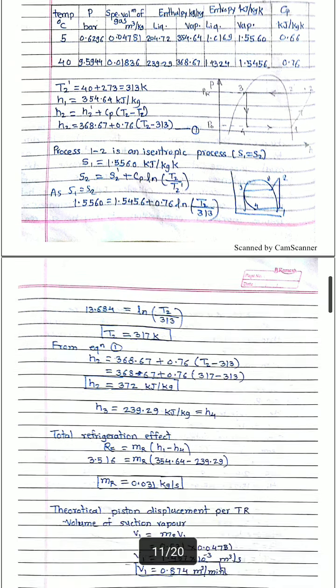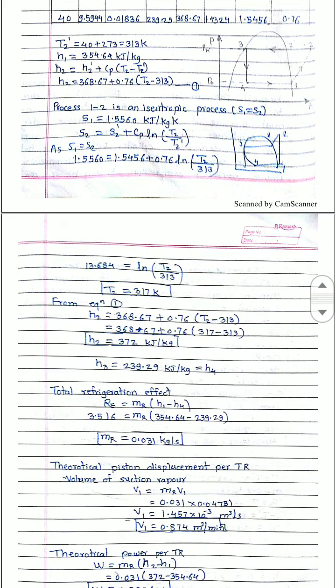So that H3 is, sorry, H3 is equal to 239.29. So now H4 is given, H4 is calculated, H3 is equal to H4, and H1 is also calculated.